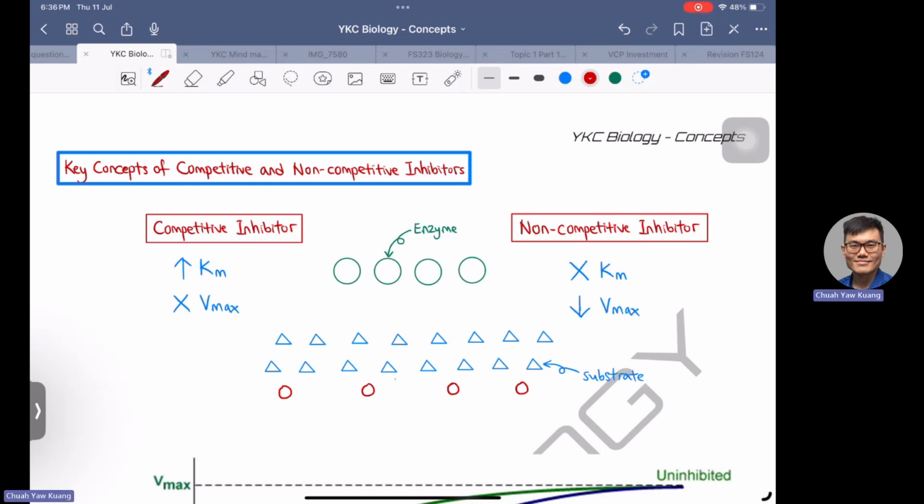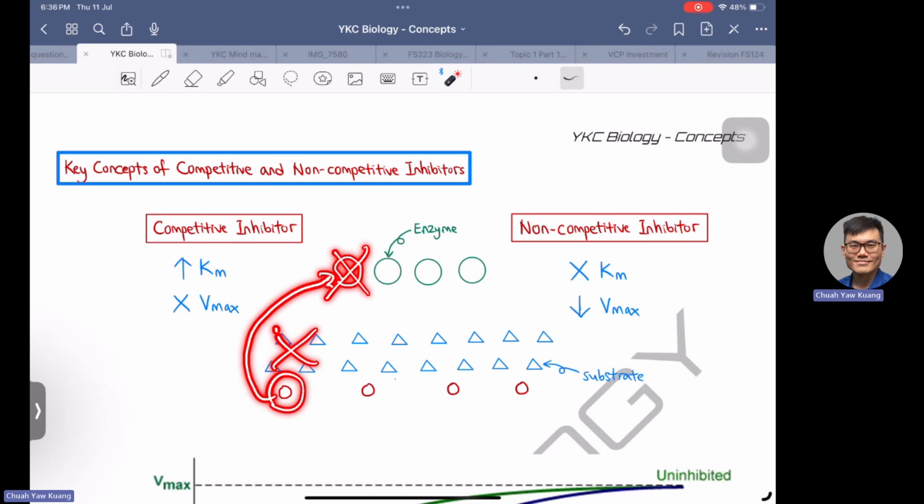When non-competitive inhibitor is being added, it will not compete with the substrate. Non-competitive inhibitor will directly go and bind to the allosteric site of the enzyme and shut the enzyme down.